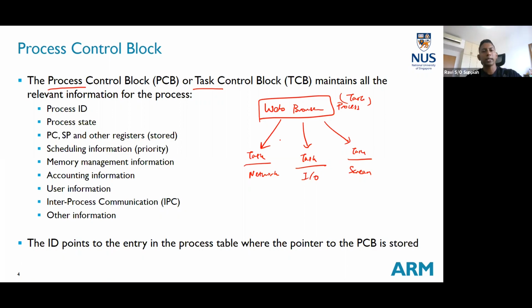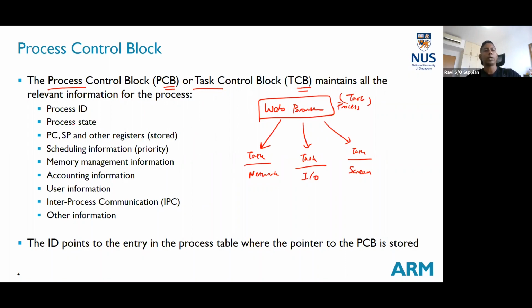When I create a process, the operating system will set aside some information inside what we call a control block, TCB or PCB. This control block maintains a record of all the information related to the process.